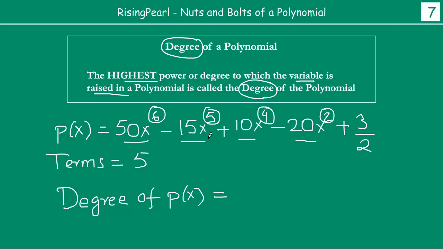Even though हमारे पास 4 term हैं variable की, लेकिन out of these 4 the maximum power to which the variable is raised is 6. इसके लिए हम बोलते हैं degree of px is actually 6 because 6 is greater than 5 जो हमारी second term है, which is greater than 4 जो हमारी third term है, which is greater than 2 which is our fourth term. So ये जो 6 है, this is the maximum power to which the variable x is raised in our polynomial.